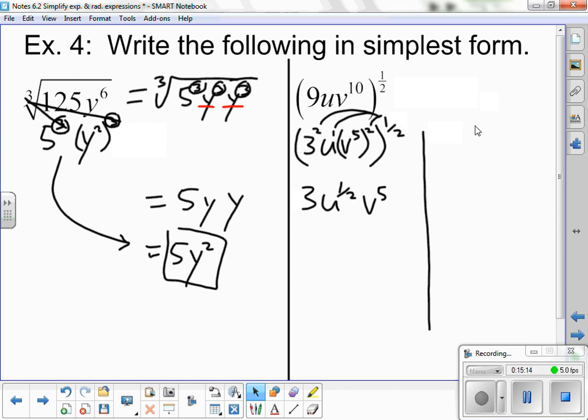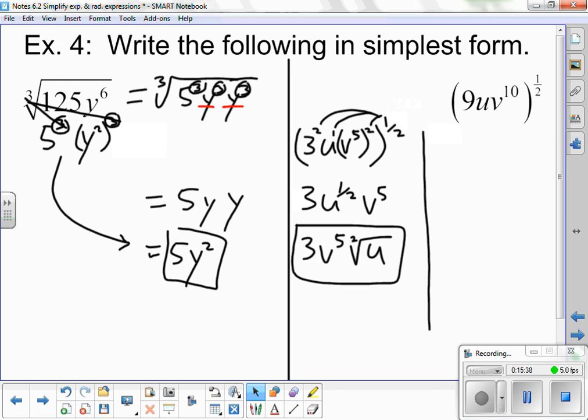And it doesn't say anything about leaving it in radical, so you could write it like this. I think I got this out of the book, and I think it wanted us to put it in radical form, but you can do it like this. If you think about this, this is 3v to the 5th, and then this is going to be a square root of u. So let's see if we can get that just by a different way. The way we can do this is convert it first to the square root of 9uv to the 10th.